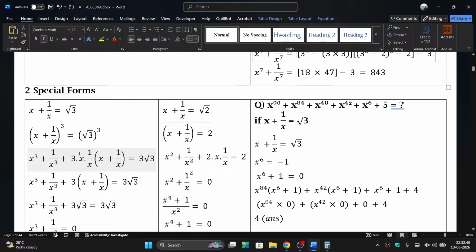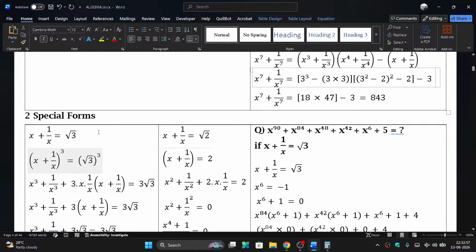So similarly it will also be solved. Here are some special forms, like x plus 1 by x equals root 3. Here the value of x plus 1 by x is not a whole number or a natural number.